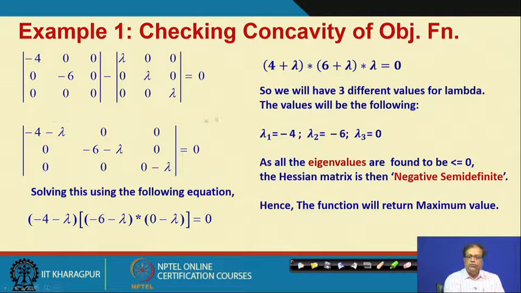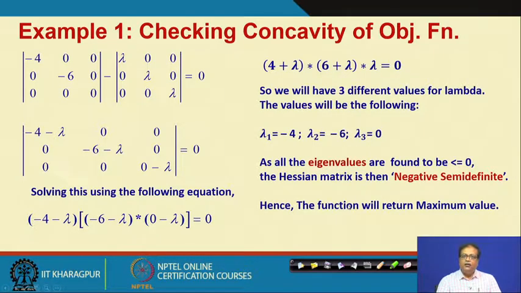Now, we take the eigenvalues by making use of the characteristic equation, and it is very simple. It comes to (-4 - λ)(-6 - λ)(-λ) = 0. So, the 3 different values of lambda are -4, -6 and 0.